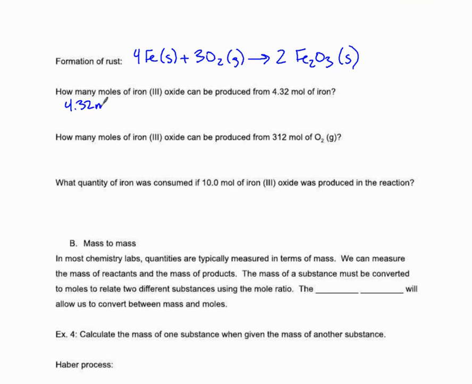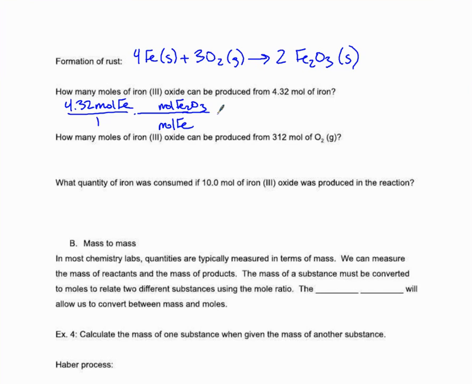So 4.32 moles of iron is my starting point. I know how much reactant I have, and I'm trying to figure out how much product we're going to have at the end.